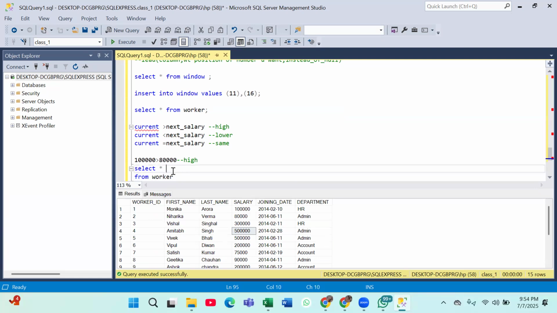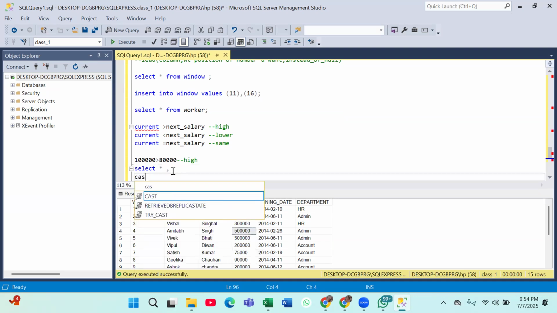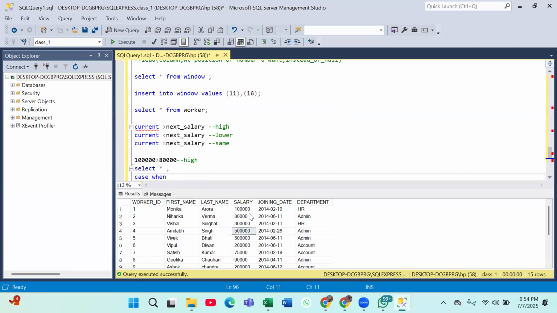And then I want to give the remark with case when. How can we get our next salary, do we use lead or lag? Lead. So I can say that if my salary is greater than next salary, which is my lead salary, right?